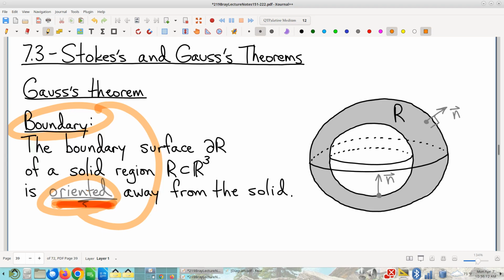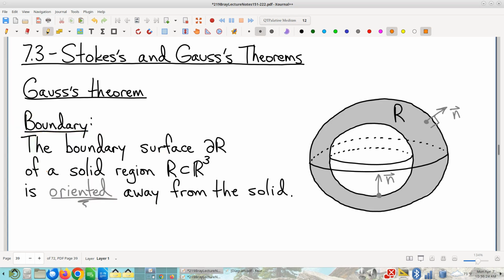You remember we did this when we were talking about Green's theorem, and we did it again when we were talking about various other theorems. And so yet another example, we've got to establish what the standard convention is, what we're going to use. Again, it's a little arbitrary, but it is very standard, and so we're stuck with it. So here's the rule. The rule is whatever point you're at on the boundary, and keep in mind the boundary is kind of the dividing surface between where the solid is and where the solid isn't.